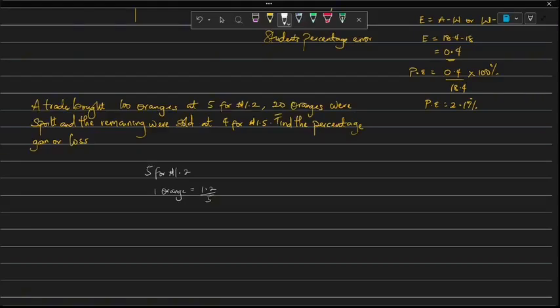Make it simpler, faster, you save yourself stress. 1.2 divided by 5 is 0.24. Therefore, the cost price is 0.24 times 100 oranges, which is going to be equal to 24 naira. Does this make sense?